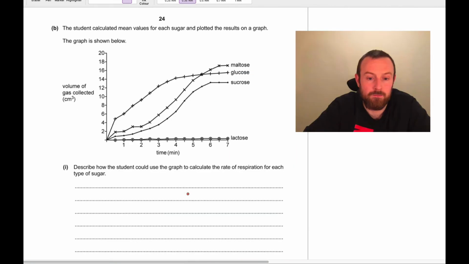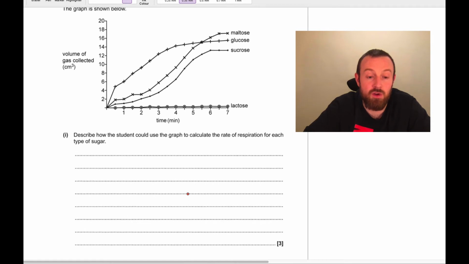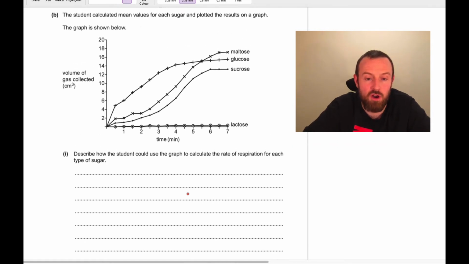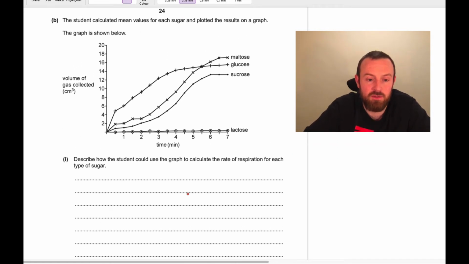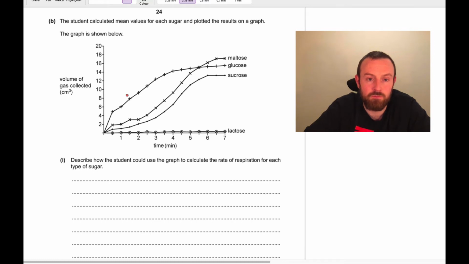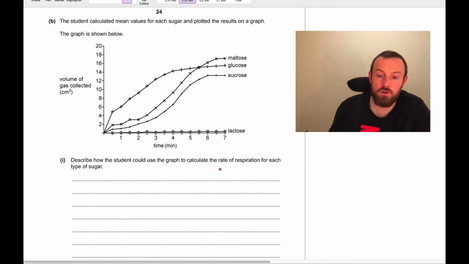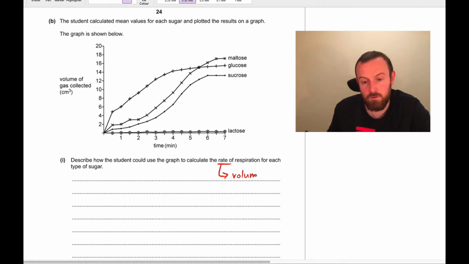Okay, moving on. Describe how the student could use the graph to calculate the rate of respiration for each type of sugar. Mean values for each sugar and plot the results in the graph. Okay, so how do you calculate the rate? Well, first of all, rate is volume over time. Okay, so that's the first thing.